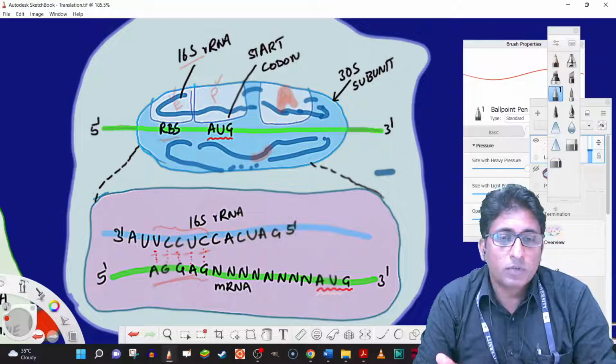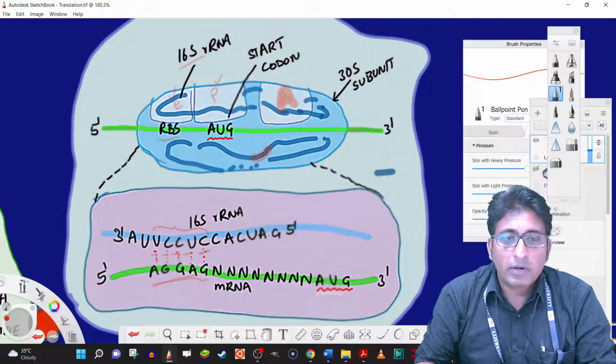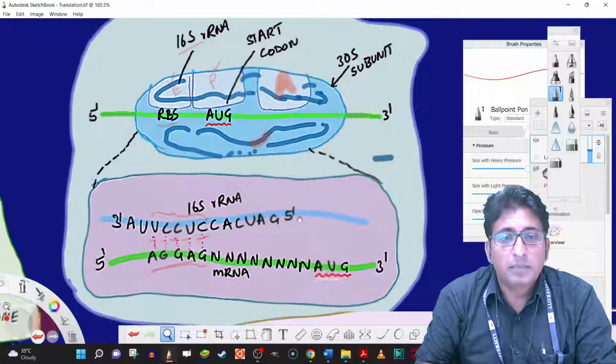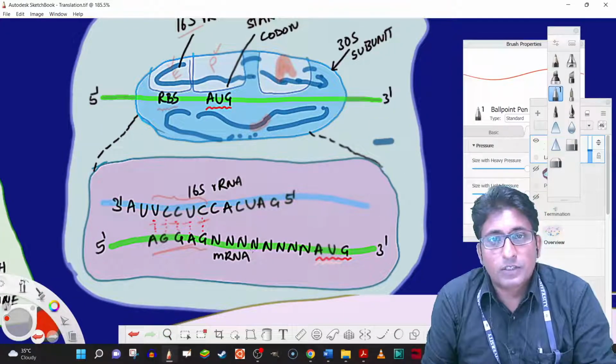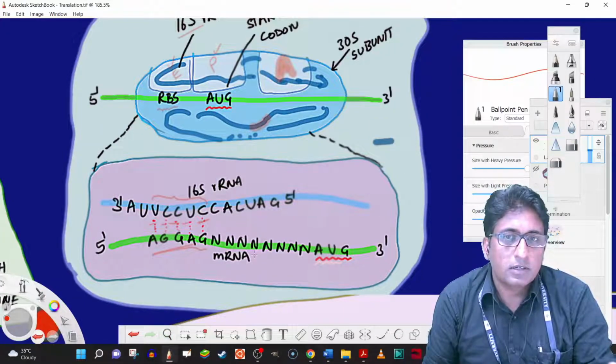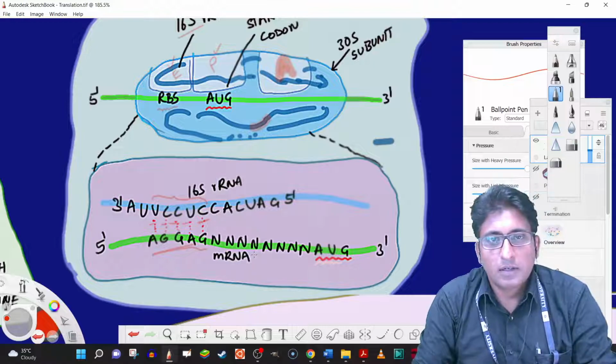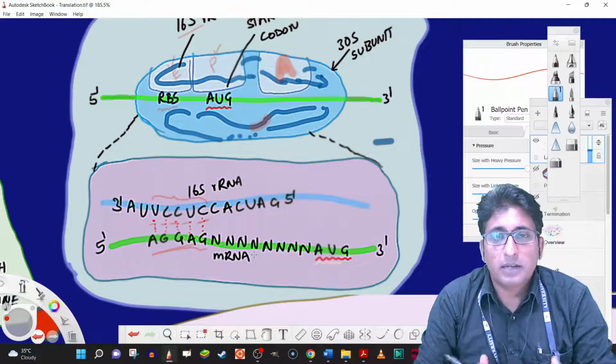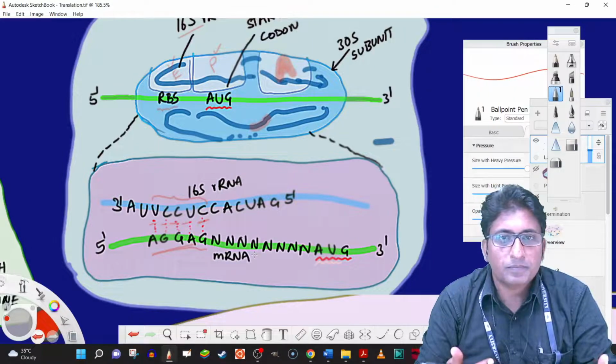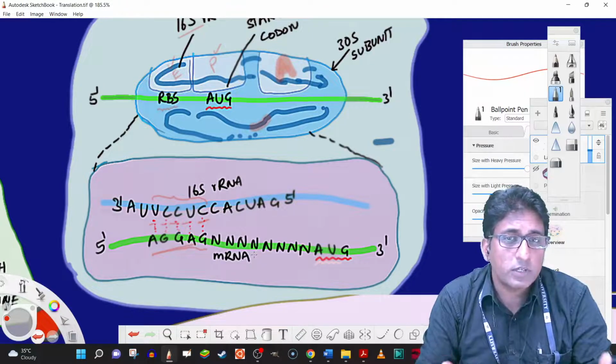It is also important to note that not all mRNAs would have exactly the same AGGAG. There could be subtle differences in the ribosome binding site, and that determines the efficiency with which initiation can occur.